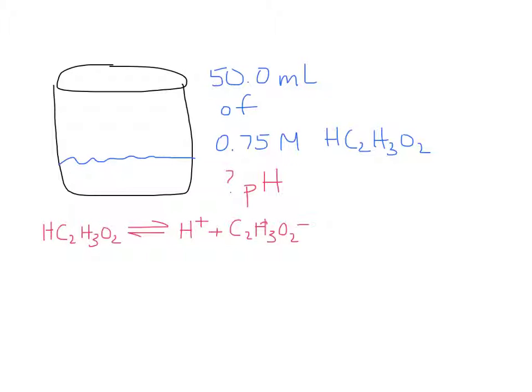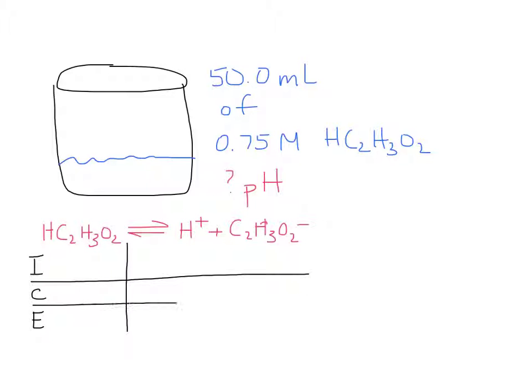If we remember, when we set up an ICE table, we always want to know the initial, the change, and then the equilibrium. So for this particular problem, before equilibrium is established, we know that we have 50 milliliters of a 0.75 molar acetic acid solution.